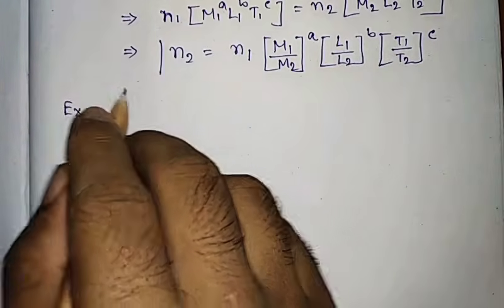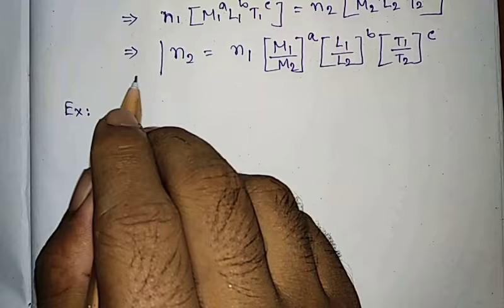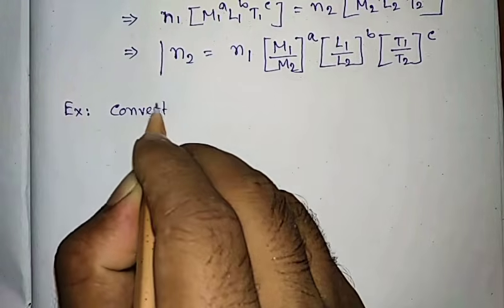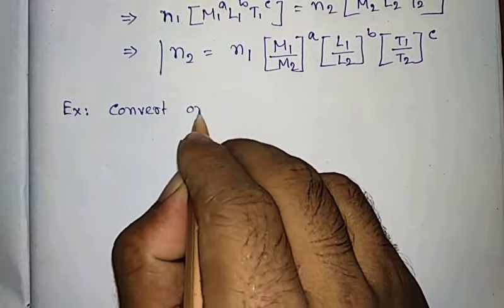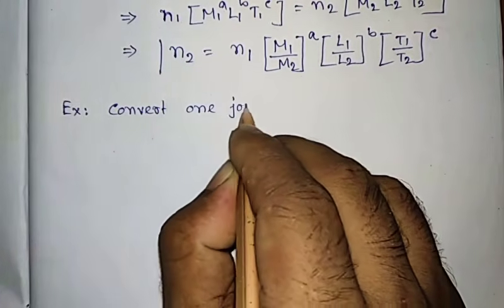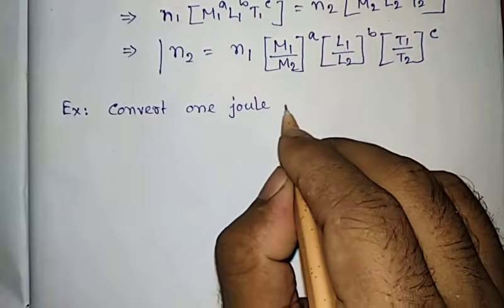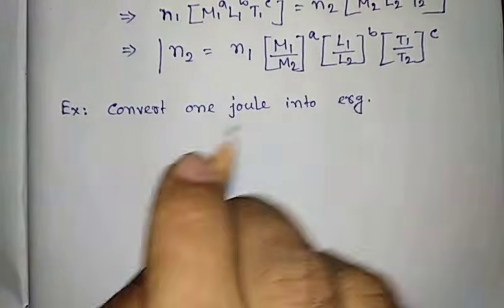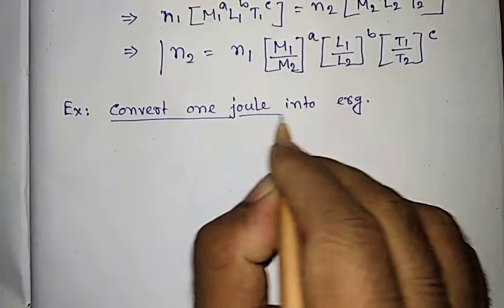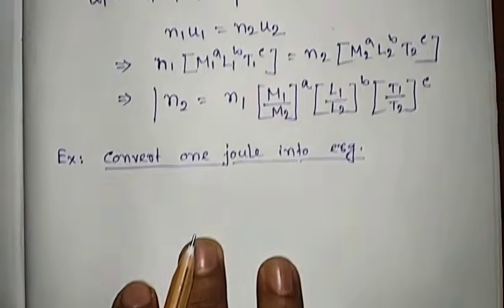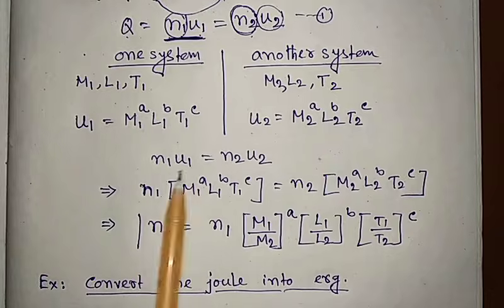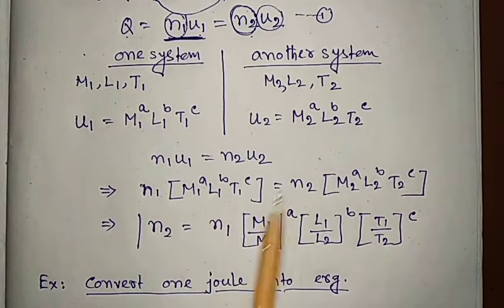So the example is: convert 1 joule into erg. So how do we convert 1 joule into erg? So the theory is here: N1 U1 is equal to N2 U2.